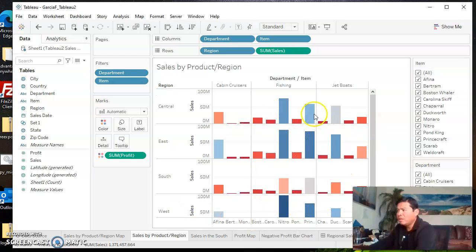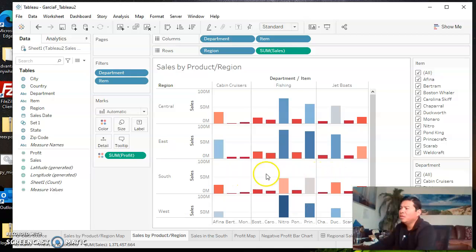Like we saw on the map, there were a lot of sales all over. But if we take a look at the south region, we don't have that much sales, and we don't have that much profit. So let's take a look in more detail at the south region.